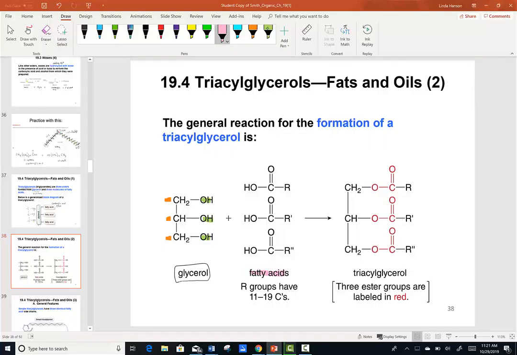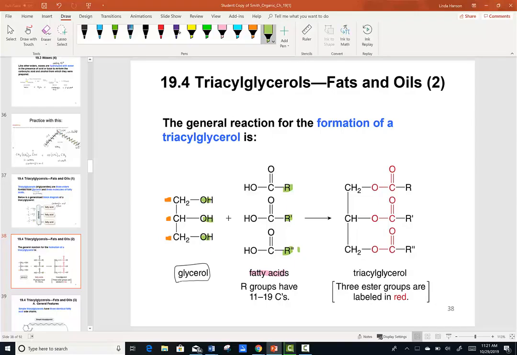And notice that the fatty acids may be the same or they may be different just based on the length of the carbon chain. So we see that designated as R, R prime, or R prime prime. They may be the same or different fatty acids, and fatty acids are categorized as the number of carbons that those groups contain.